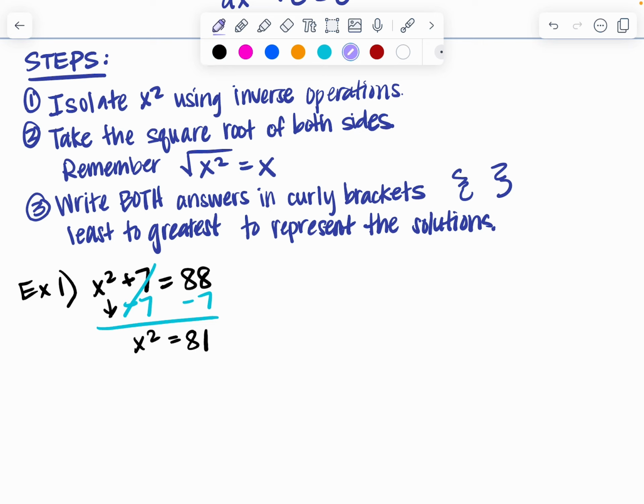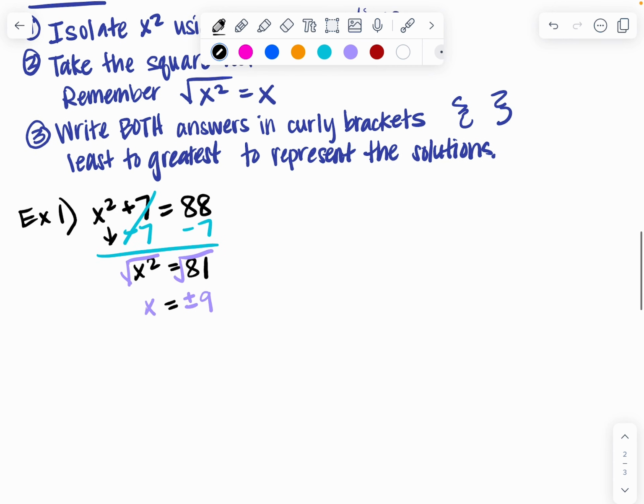Now I can take the square root of x squared, which I know is x, and take the square root of 81, which is positive and negative 9. So to write this as my solution set, I'm going to write negative 9, positive 9 in the brackets.